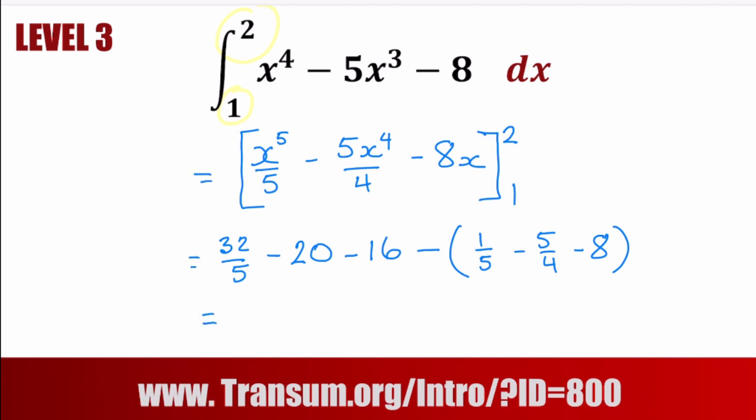If I evaluate that, and you could always use the calculator to help you, a bit of a nasty calculation there, but it turns out to be 411 over 20, which is equal to, as a decimal, 20.55. So that definite integration, the area under that curve, works out to be minus 20.55.